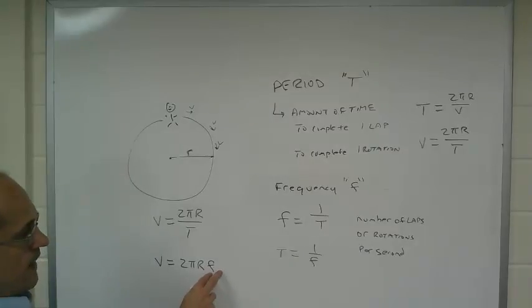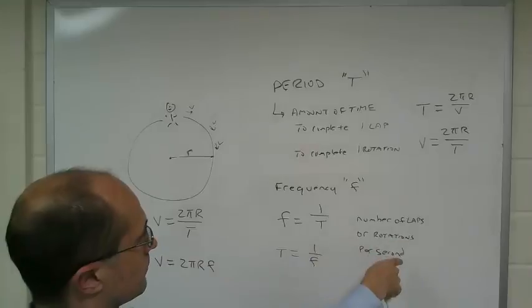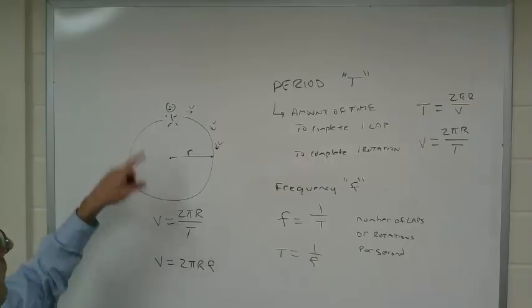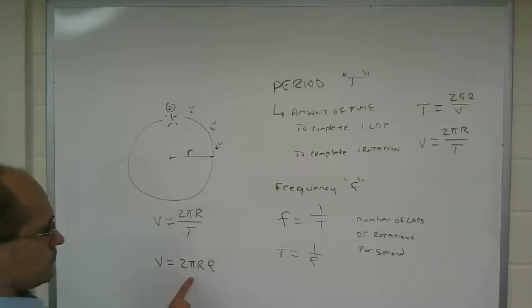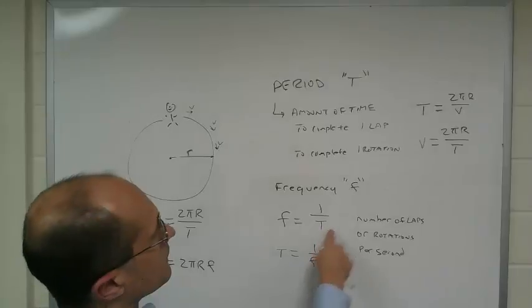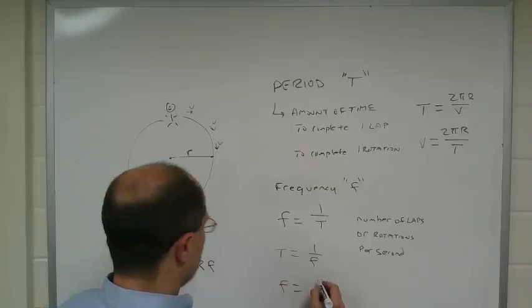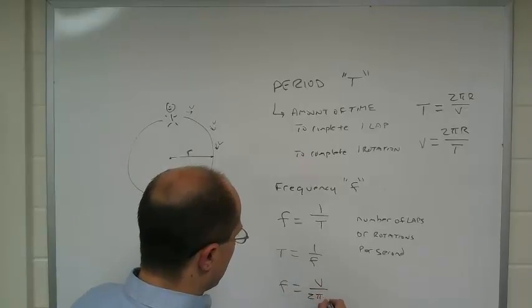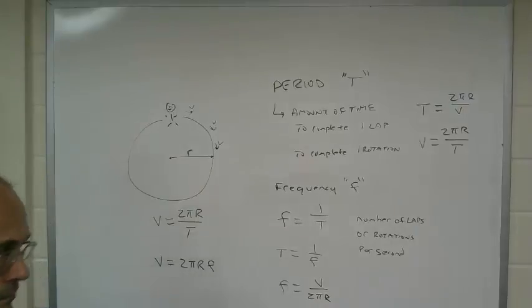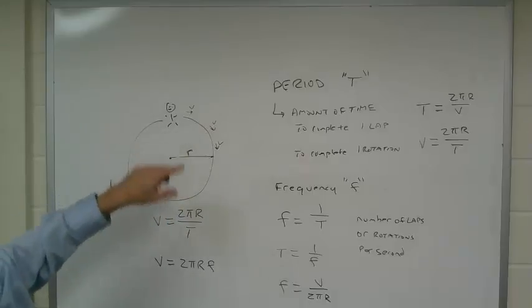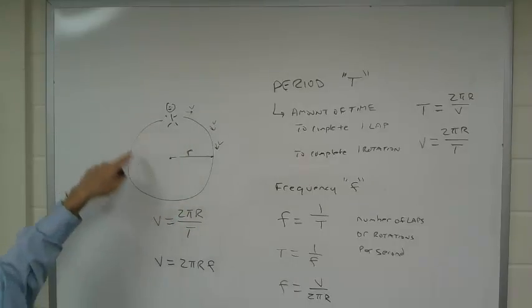The more laps we run per second, the higher our velocity, which makes sense because we're covering more distance per time. We can calculate velocity in terms of the frequency. The other thing we can do is define the frequency to be v over 2 pi r.